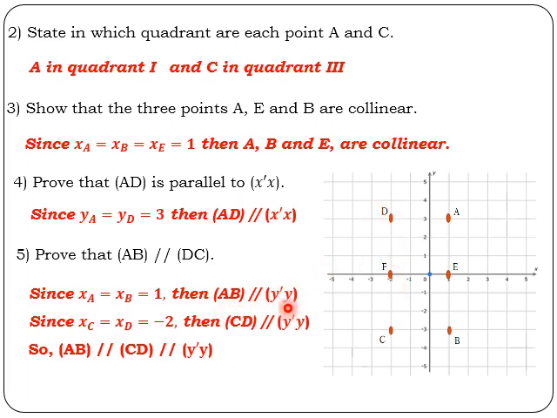AB is parallel to y prime y and CD parallel to y prime y. If two lines are parallel, then any line parallel to one of them is parallel to the other. So I can clearly say AB parallel to CD.